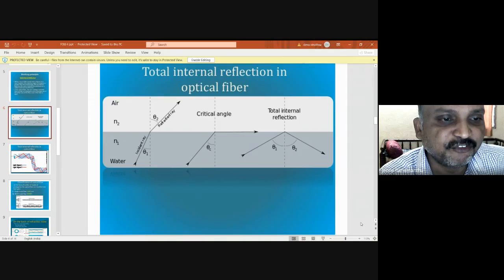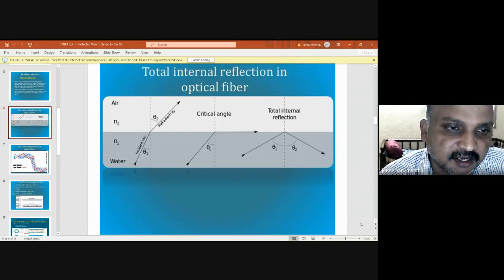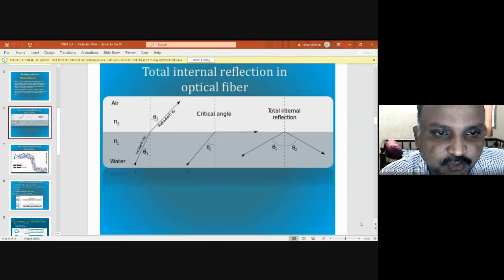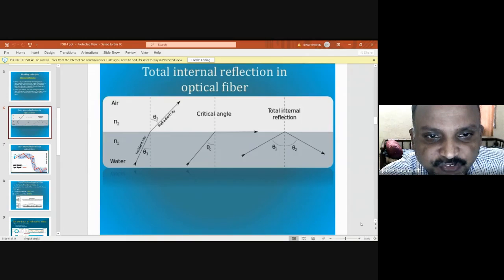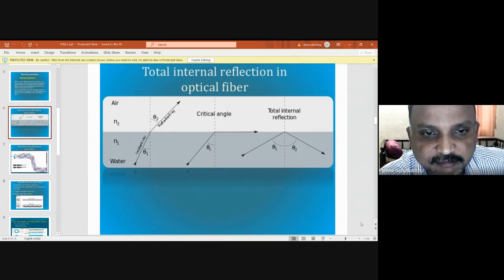Reflection means staying within the same area; refracted means going out into the other area. If you increase the angle θ1, the refracted ray bends towards parallel to the boundary. If you increase this angle further, there is no refraction, only reflection.